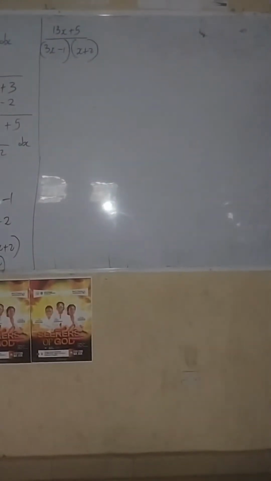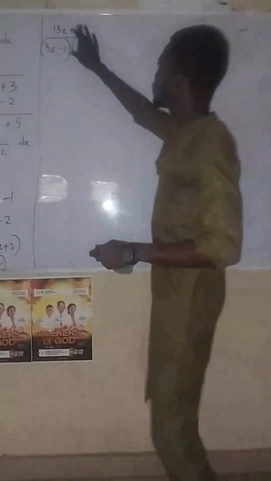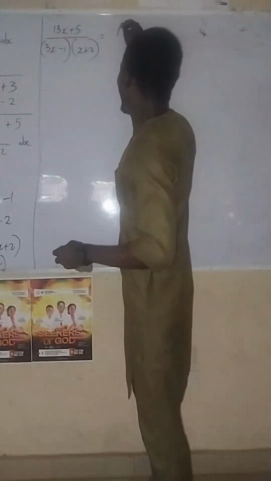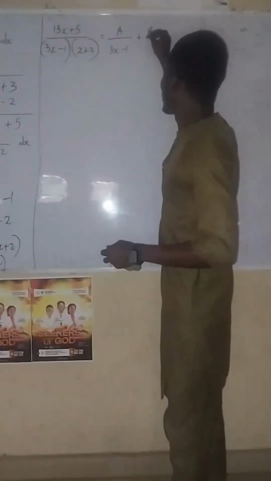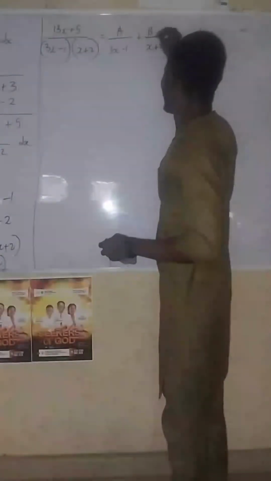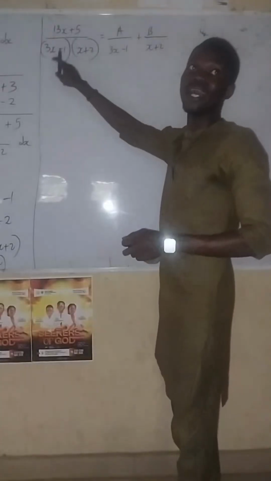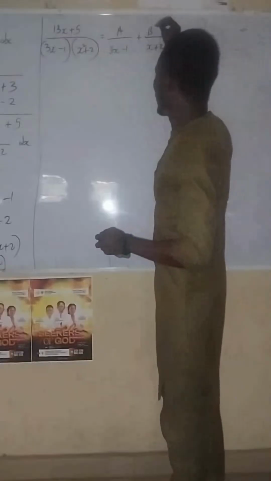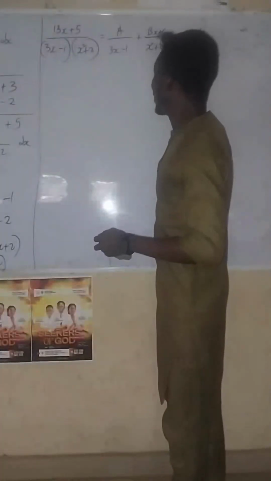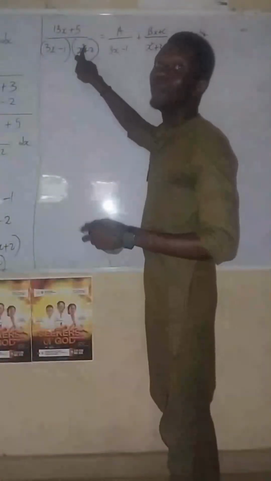Now, if we do for this one, we are going to have A over the first one plus B over the second. You know that because it's linear and linear. Assuming this one is x squared, it will be Bx plus C, right? Because it cannot be factorized.